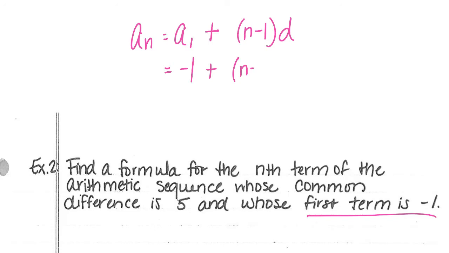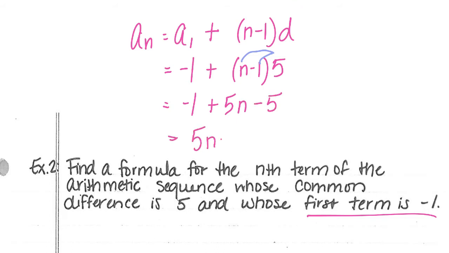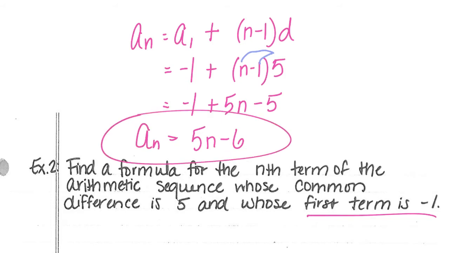And I need an n in my formula because I'm looking for a formula with an nth term. And the common difference, they tell us, is 5. So all we have to do is distribute. So we get -1 plus 5n minus 5, and it looks like our formula is 5n minus 6. So I'm going to put that a sub n here, and that looks like the formula for this example 2.